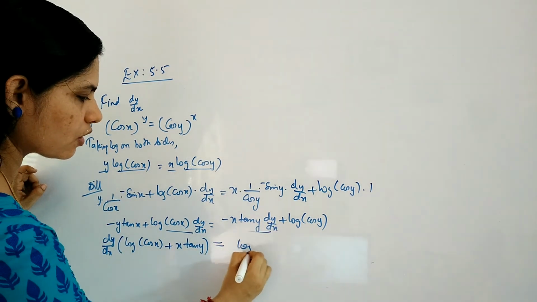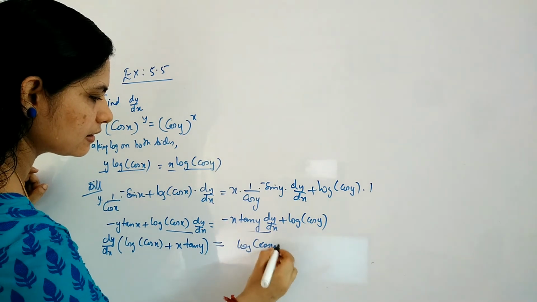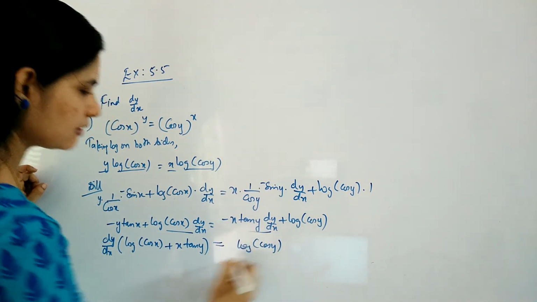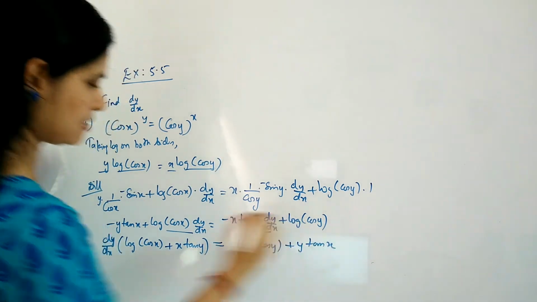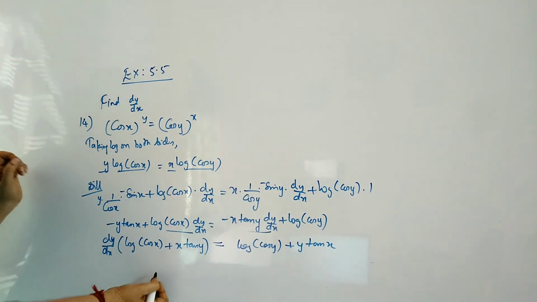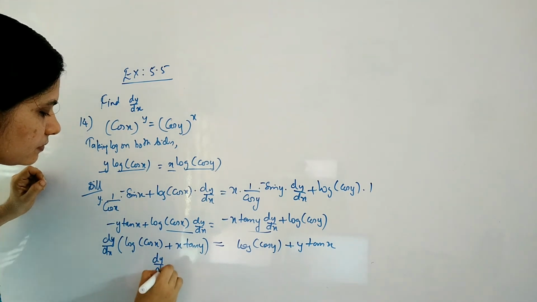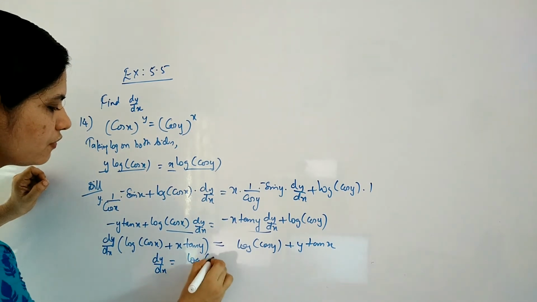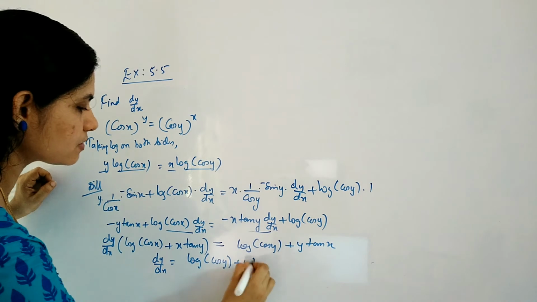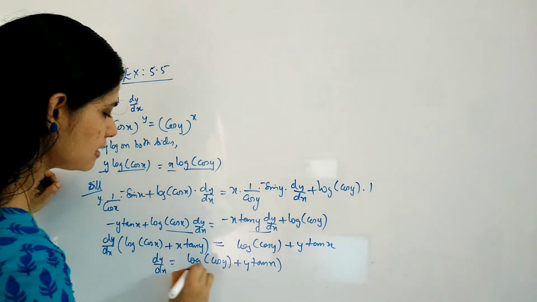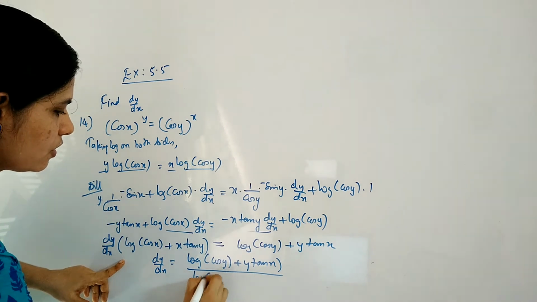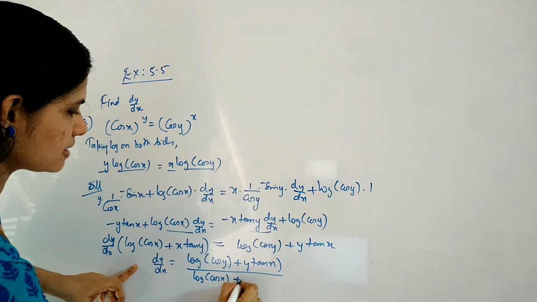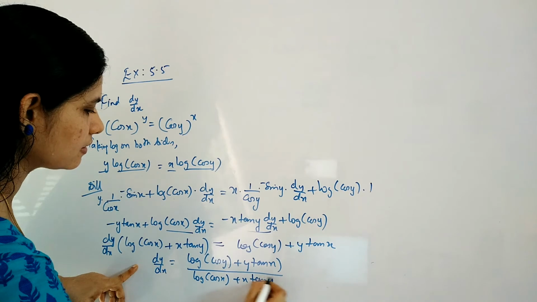Here you have already log of cos y, this will go there as plus y tan x, so that your dy by dx is log of cos y plus y tan x divided by log of cos x plus x tan y.